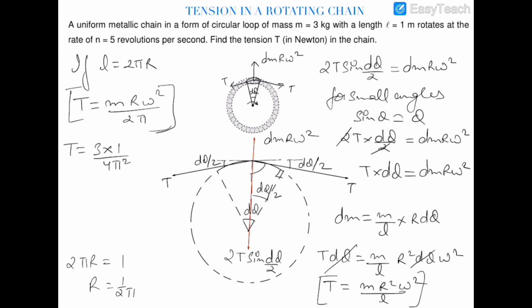And omega is equal to 5 rps, rotations per second. So omega is equal to 5 into 2 pi radians per second. So this is 10 pi. So omega is equal to 10 pi. So this is 100 pi square. So T will be equal to 75 newtons.